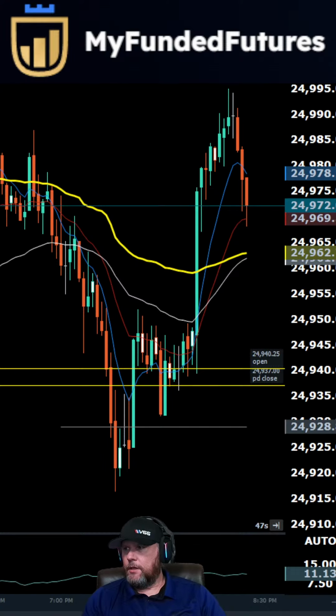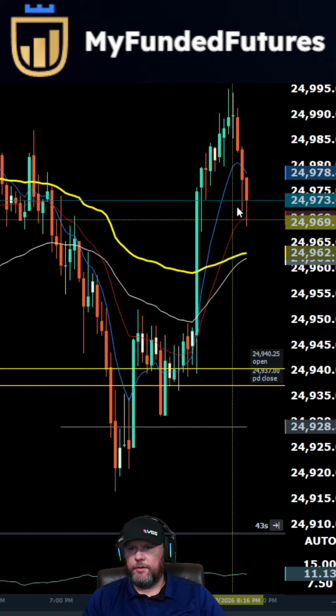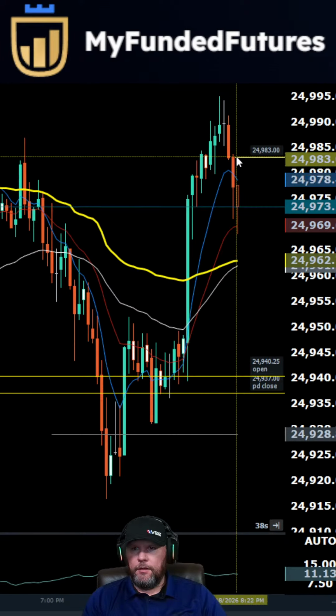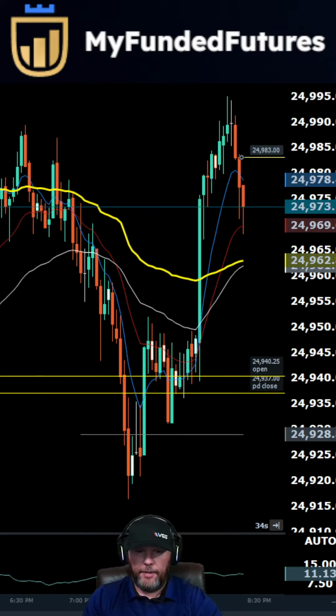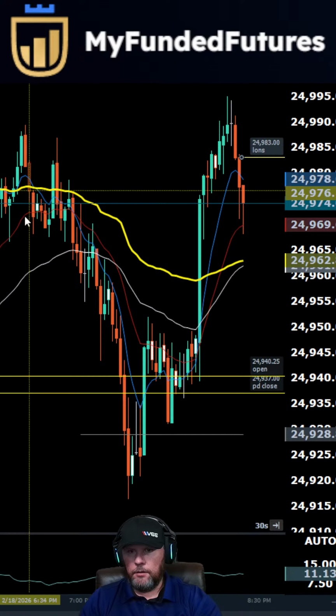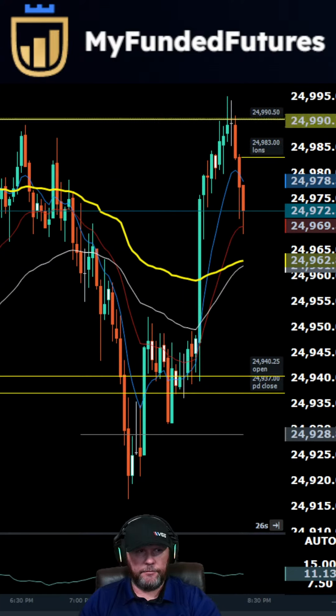I mean, you still could get a long entry off this. We are tapping into a 5-minute gap. You'd have your 21 EMA here. From a theoretical perspective, this would be your long. If we break back above here, that's long. This is target number 1 up here.